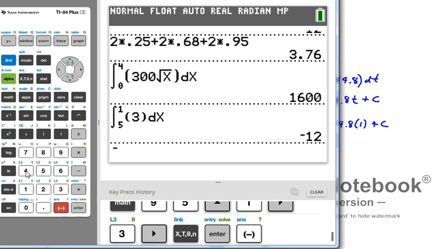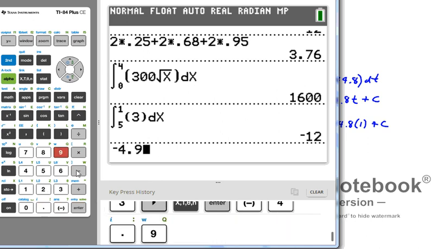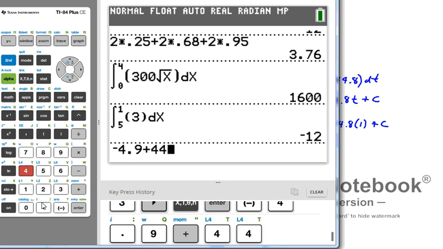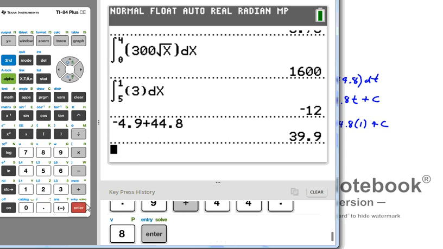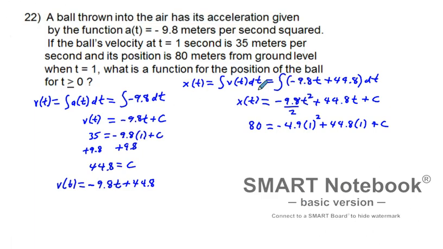Negative 4.9 plus 44.8. Yeah, 39.9. So 80 is equal to 39.9 plus c. If we subtract 39.9, we're going to get c is equal to 40.1.